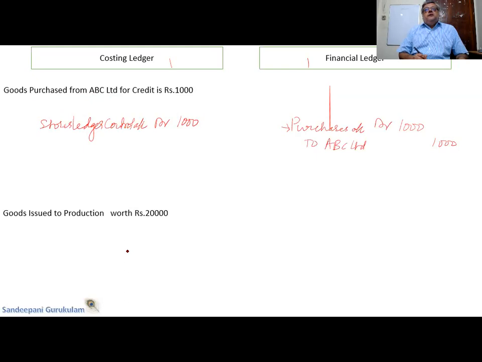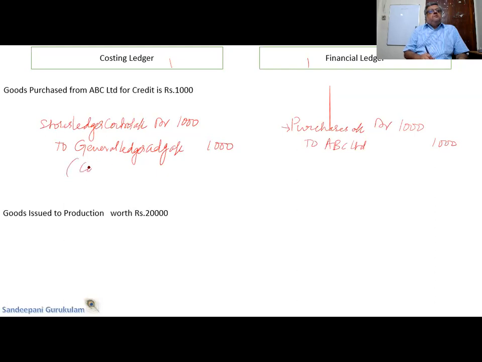Then you may ask how to complete the double entry, because personal account is not considered in costing. So here you will complete the entry by putting general ledger adjustment account.